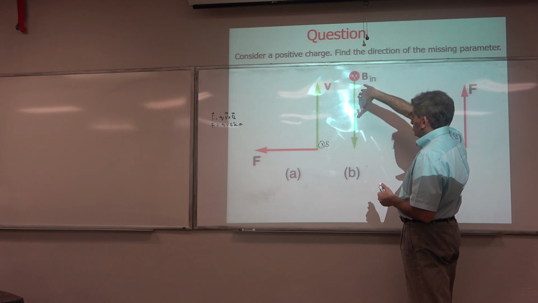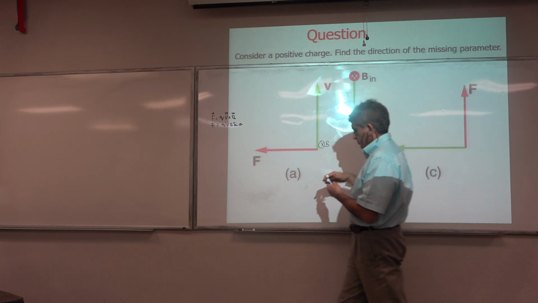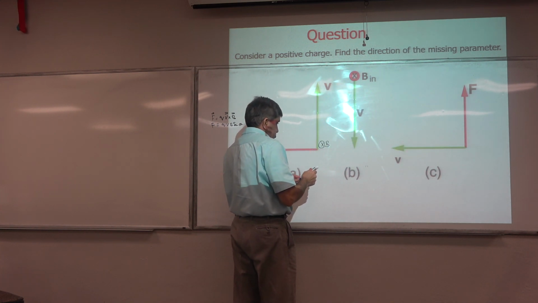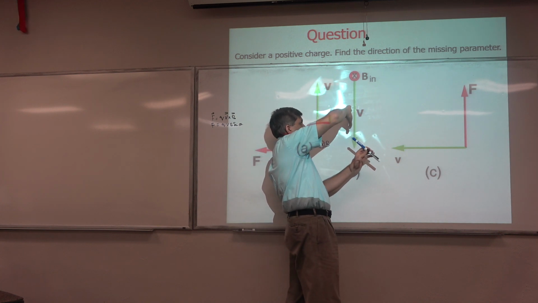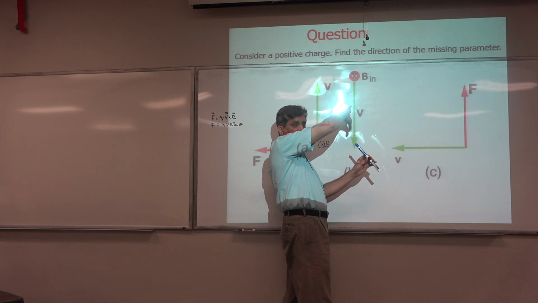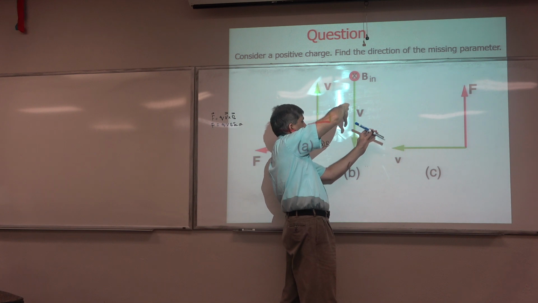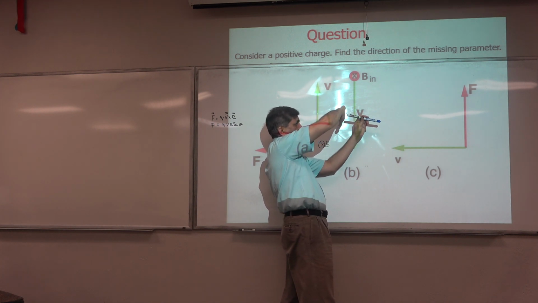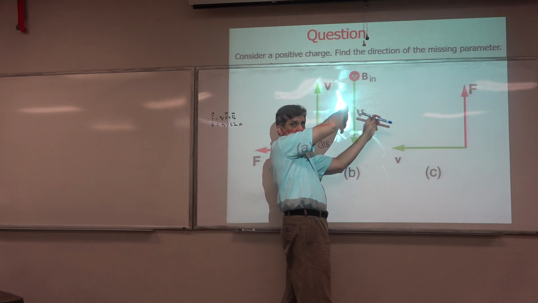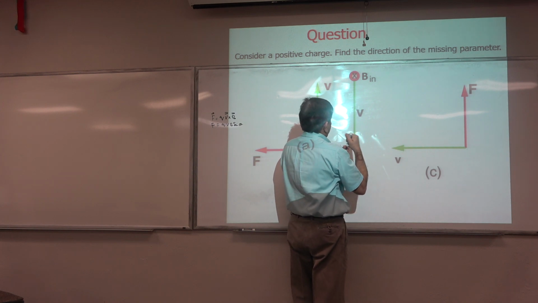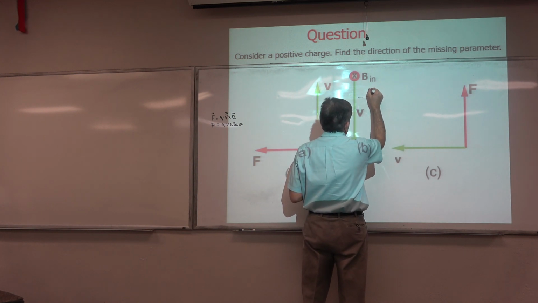So this is the velocity vector, this is the magnetic field going inward, so the force is going towards that way. That is the missing component.